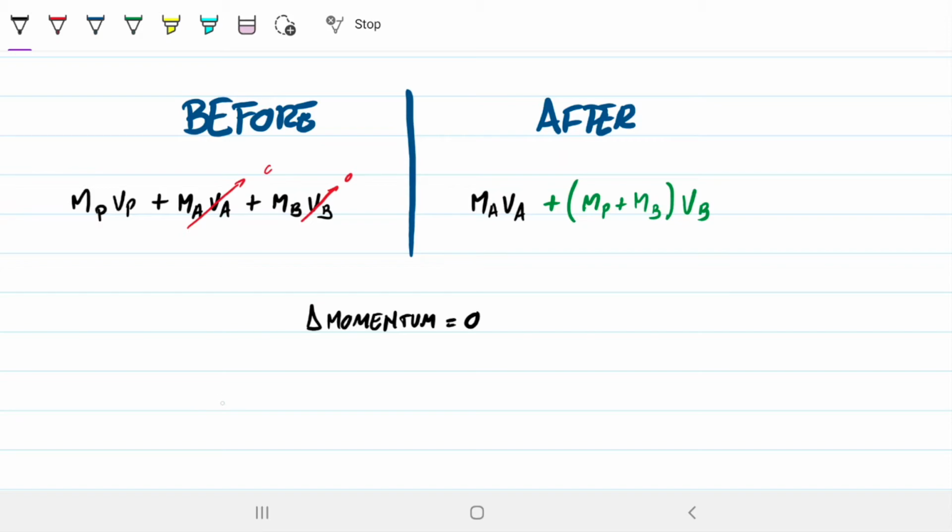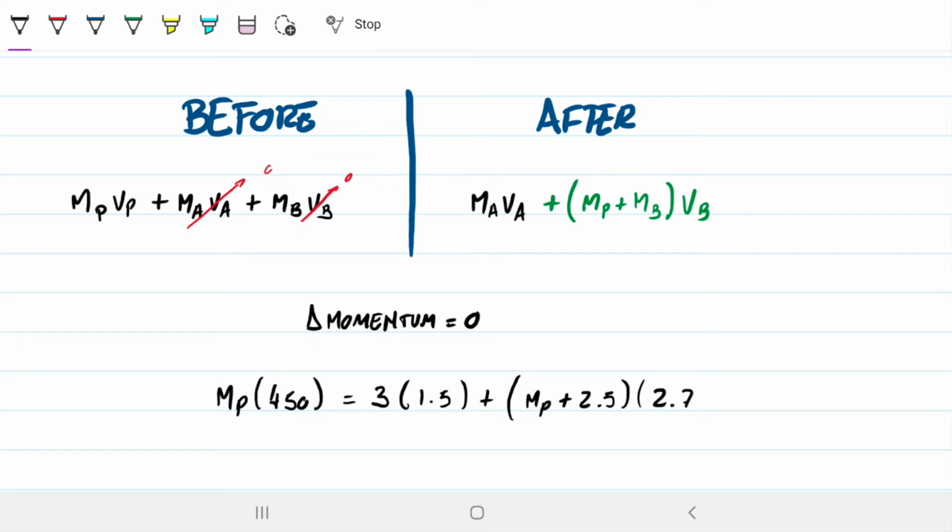That means that the mass of the projectile, the bullet, times the 450 meters per second that it had initially has to be equal to the mass of block A, which is 3, times the acquired velocity of block A, plus the mass of the projectile that we're trying to find out, plus the mass of B, which is 2.5 kilograms, times the velocity that B acquired.